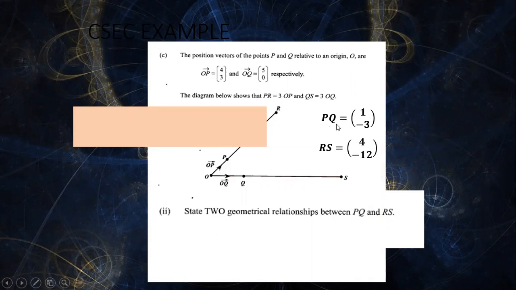We've gotten these two vectors before. So based on this, if you notice carefully, RS is 4 by 1, negative 3. Can you all see that? If I say 4 times 1, I will get 4. And if I say 4 times negative 3, I will get negative 12. So RS is equal to 4 times 1, negative 3. See if that makes sense to everybody.